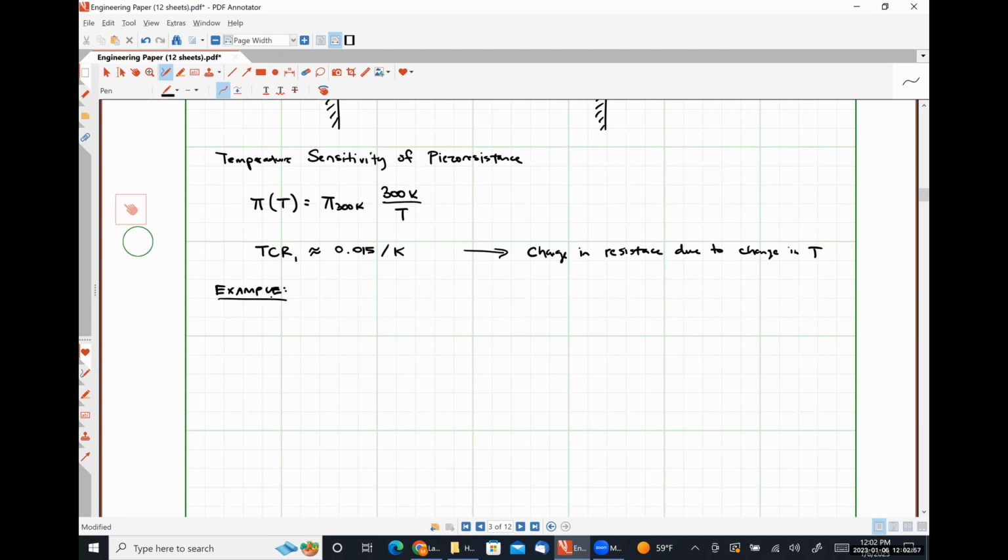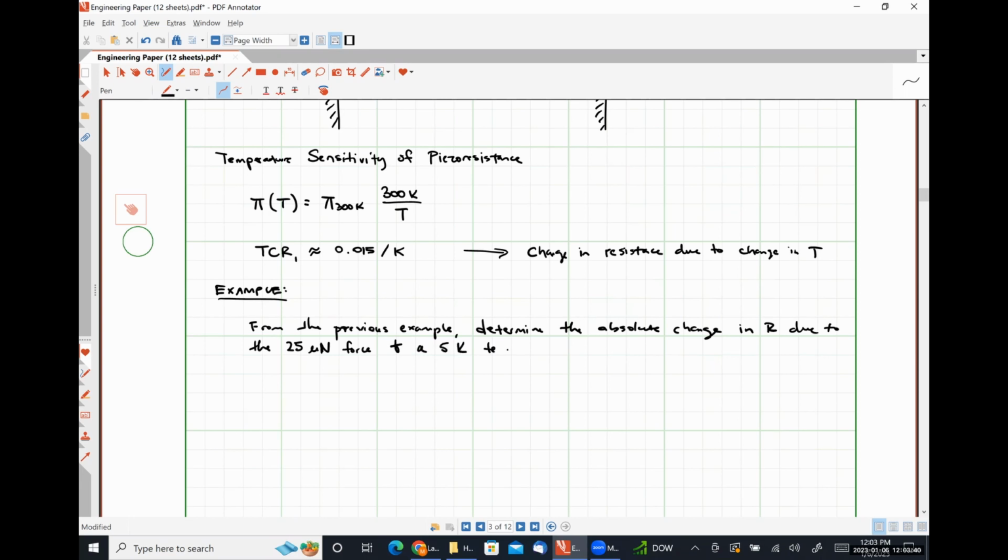So let's say that we had our piezoresistor from the previous example. We want to know the absolute change in resistance due to a 0.25 micronewton force and a 5 Kelvin temperature increase.